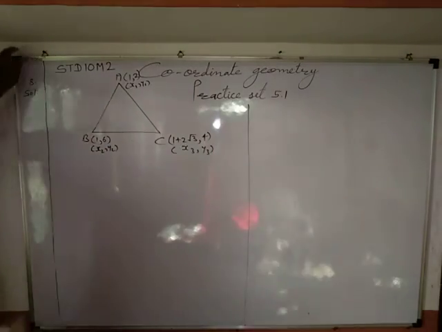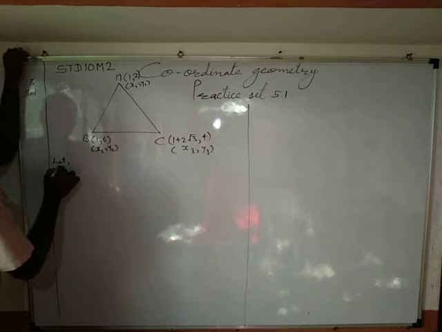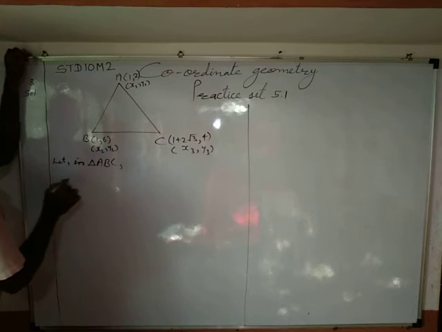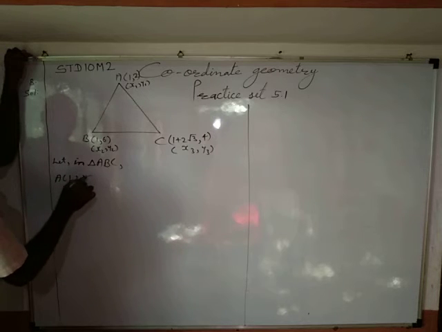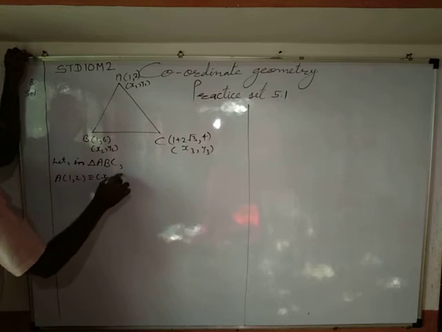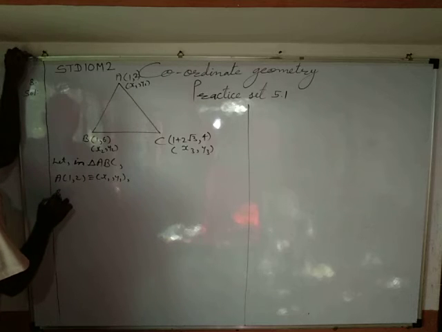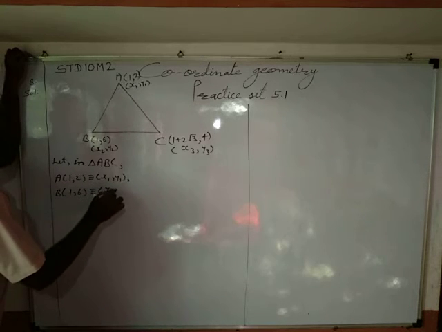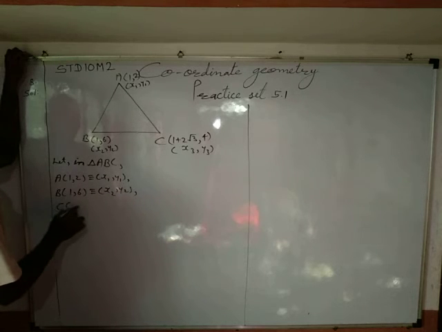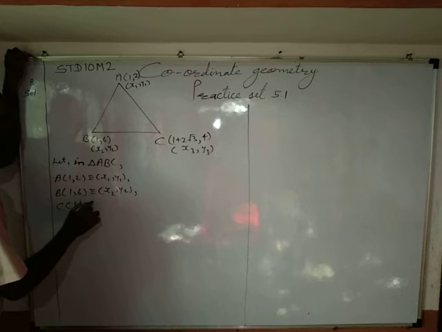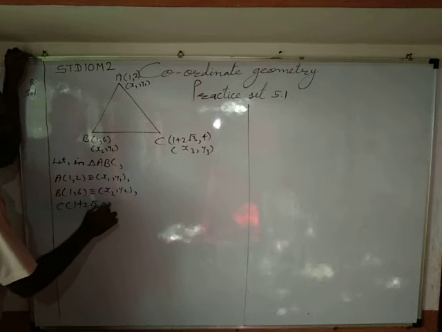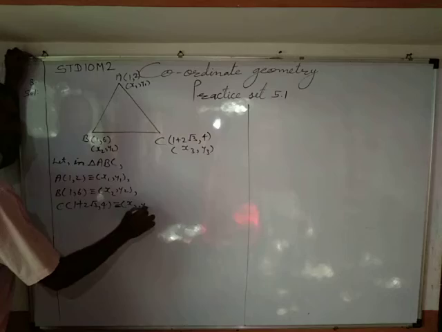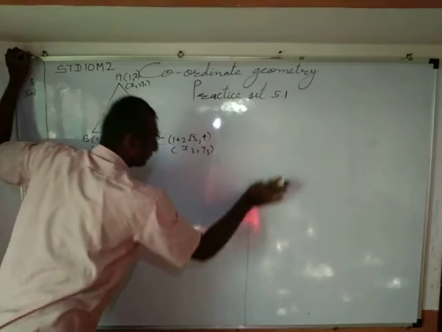Let in triangle ABC, A(1, 2) is (x1, y1), B(1, 6) is (x2, y2) and C(1 plus 2 root 3, 4) is (x3, y3).